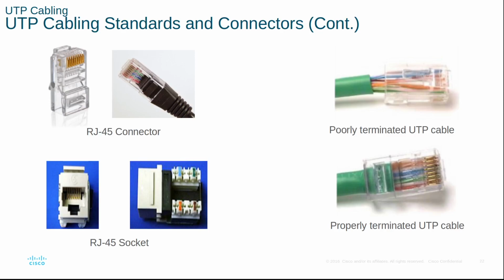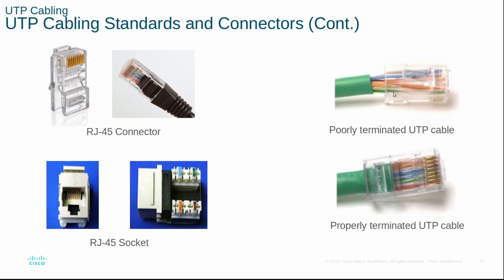So these are usually terminated with RJ45 connectors, which look like this, and you've seen them in the lab. They connect into an RJ45 socket. And if they're properly terminated, we used to actually make them in this course, you should see the connector come down over that outer jacket and be crimped.